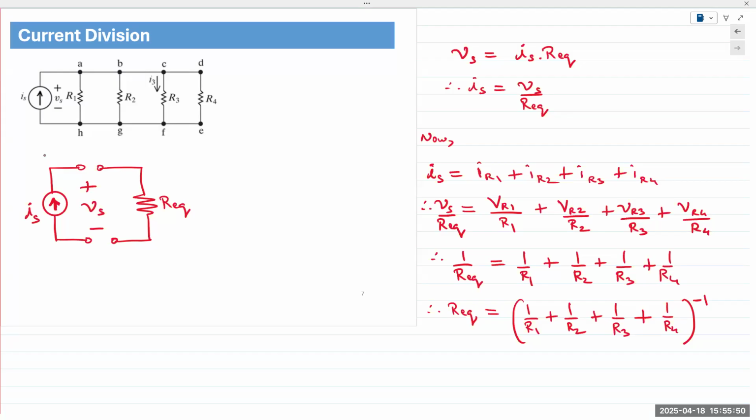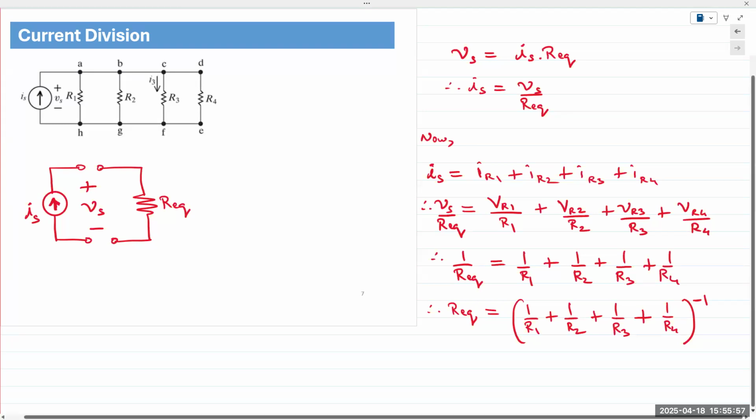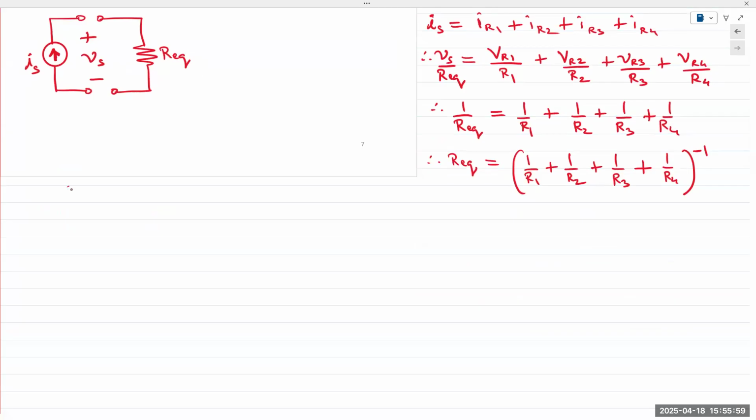So that's REQ. Now, if I wish to find each individual current, all I need to do is apply Ohm's law again. I need to find the current in each individual resistor. I can write IR1 is VS over R1.